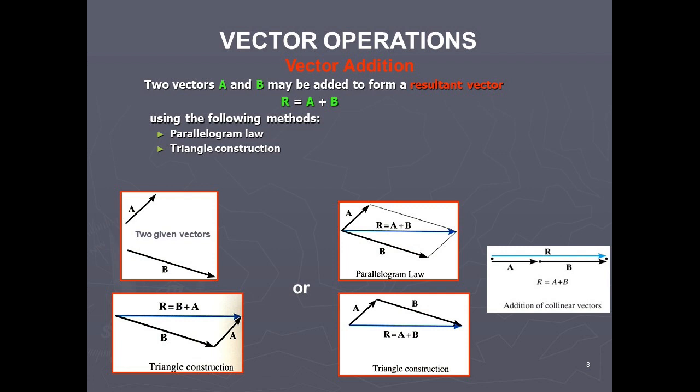C, B. Any other option? C? No, it's B. Because the condition for identifying the resultant, it has to be tail to tail, head to head. So it is not that you look at the one with the longest side and just say, okay, this must be the resultant. No. This is the condition.